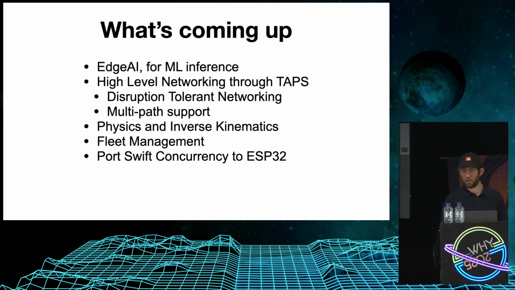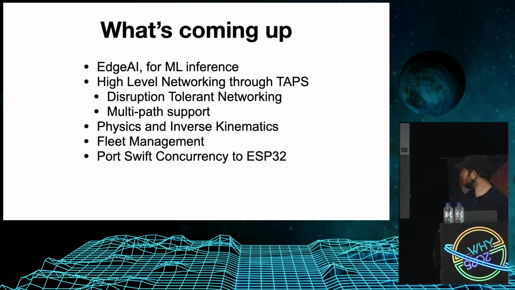Next up, we'll also have a couple other projects that we're currently working on, all in the open. We're working on Edge AI for machine learning inference, which is also going to be available anywhere Swift runs, so Windows, Linux. It doesn't need to be EdgeOS. We're working on a high-level networking library called TAPS.